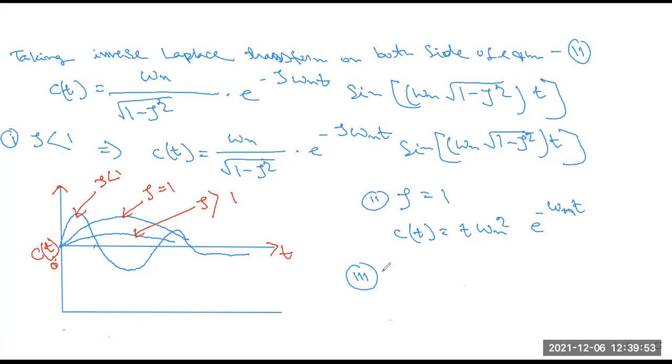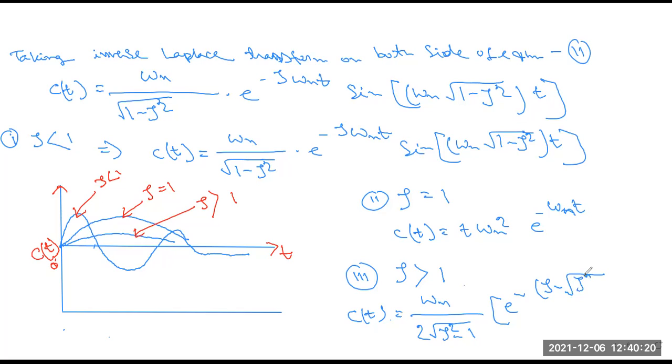And number 3: when zeta is greater than 1, the value is C(t) equal to omega n by 2 root over of zeta square minus 1 into [e to the power (minus zeta plus root over of zeta square minus 1) omega n t minus e to the power (minus zeta minus root over of zeta square minus 1) omega n t].